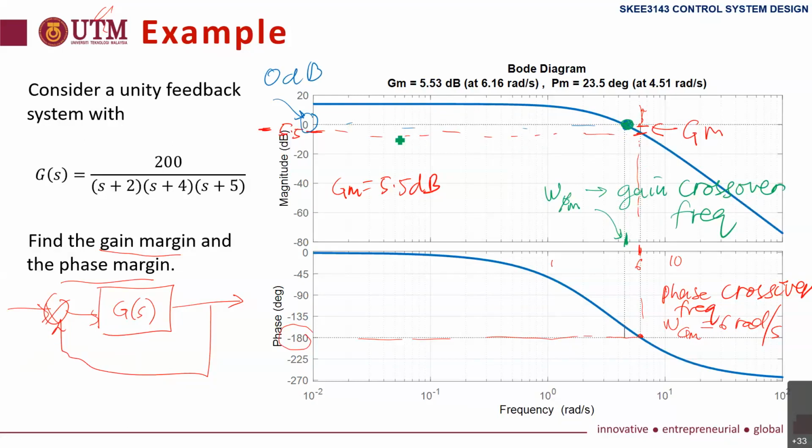It is in between 4 and 5, so omega here is about 4.5 radian per second.